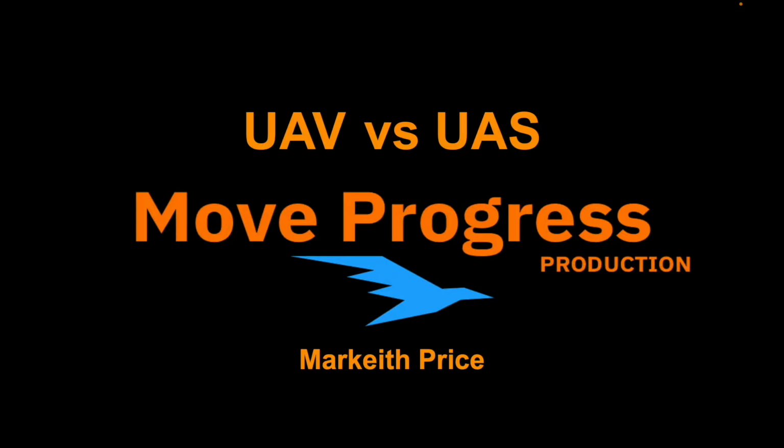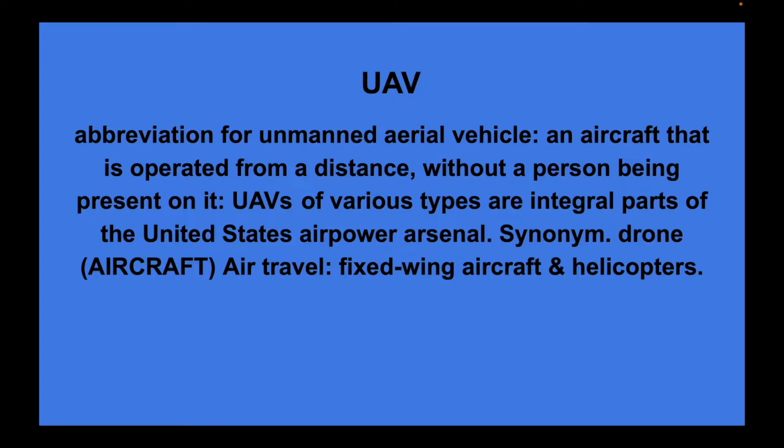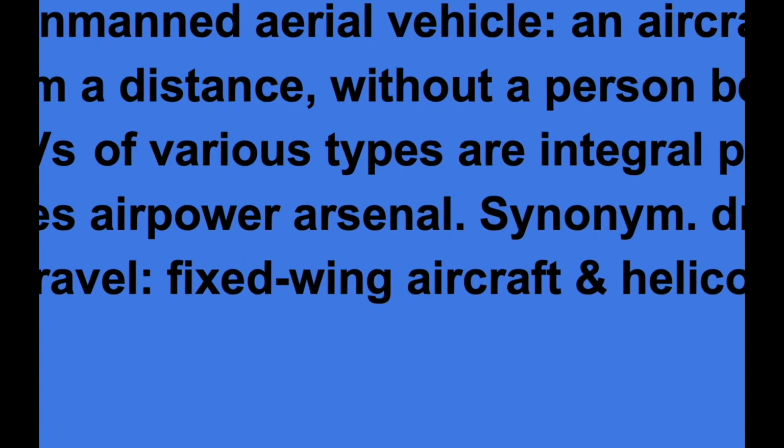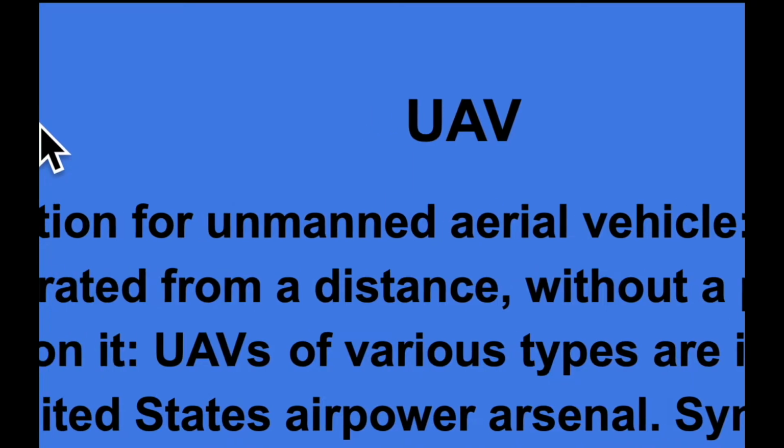But there are many other types of drones that we actually use nowadays in some of our everyday life. But for this sake, we're talking about UAV drones and UAS drones. So let's get into it.